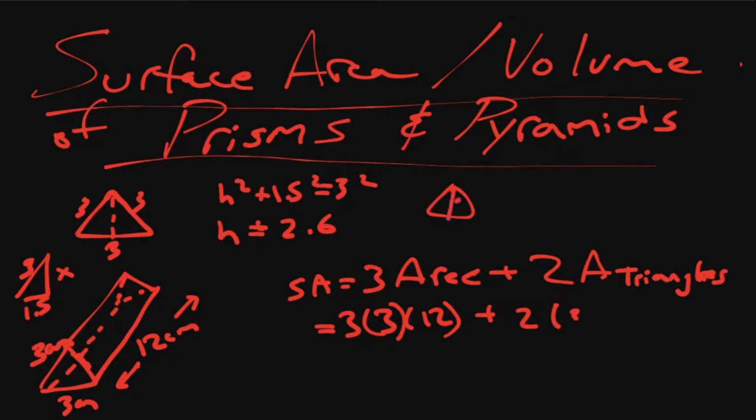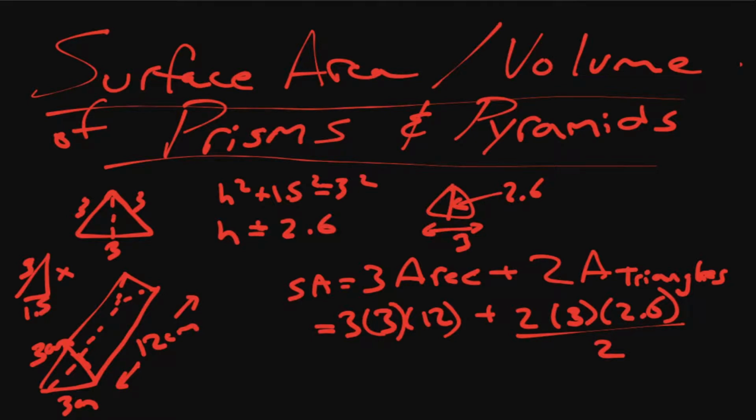So this is 2.6, and then this length like that is 3. So 2 times the base, which is 3, times height, divided by 2.